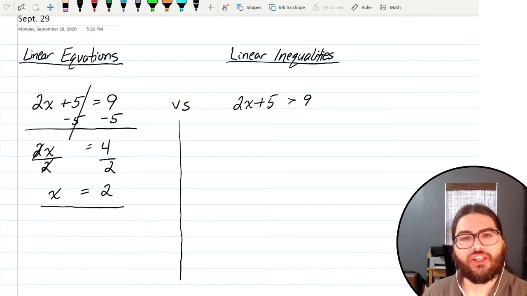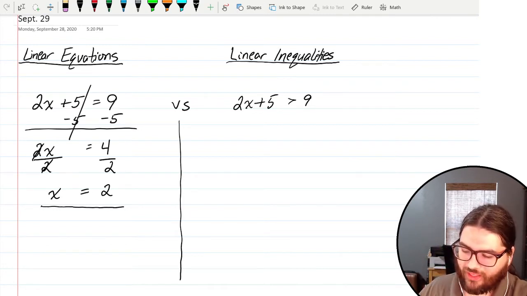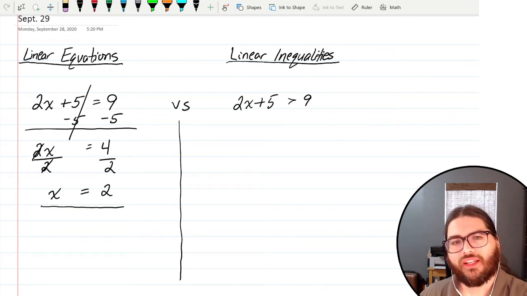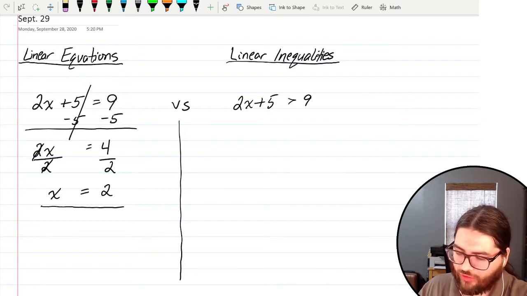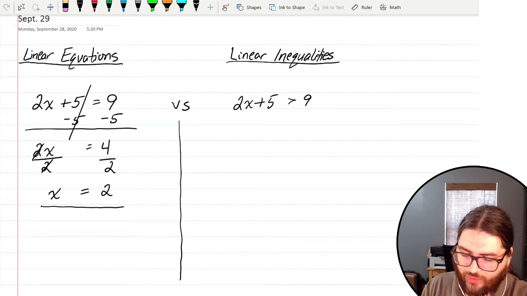We'll solve linear inequalities much the same way we'll solve linear equations. That is, because both sides are connected with a greater than, less than sign, I can treat it like an equal sign. I only have one additional special rule to go along with that, and we'll cover that in a moment. This one solves pretty much the same way as the linear equation did.